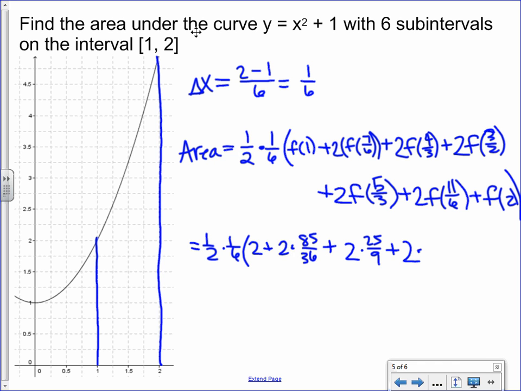Plus 2 times, when we square 3/2, plus 4/4. Plus 2 times, when we square 5/3, 25/9 plus 9/9. When we square 11/6, 121/36 plus 36/36, 157. And then plus f of 2, 2 squared plus 1.